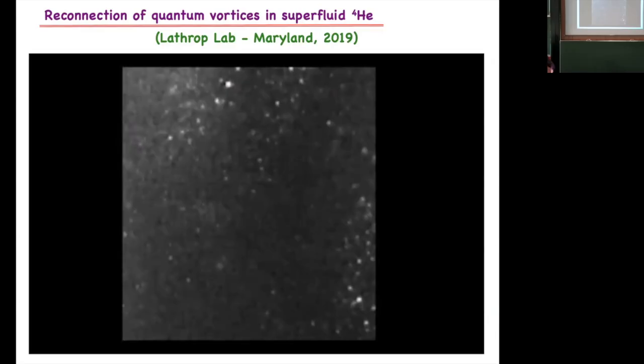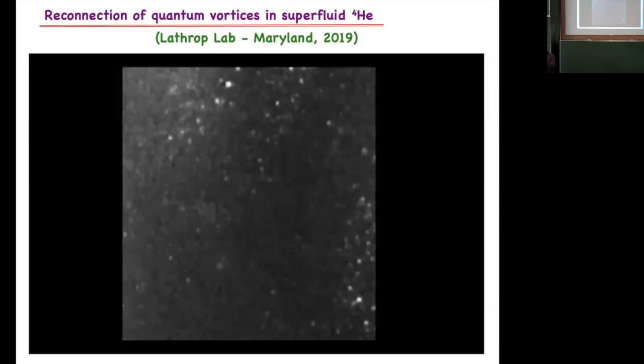We change the scale and we go to 1 millionth of a meter. So we go down to 1,000th of a millimeter scale. You use a tracer. Imagine that if you are in water, you trace vorticity with bubbles, very tiny vapor bubbles, for example.